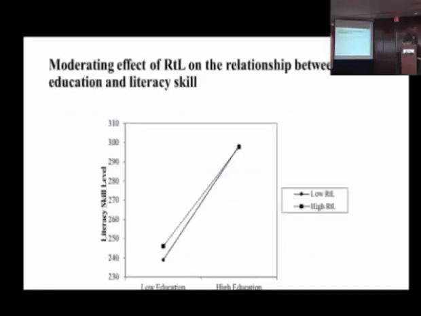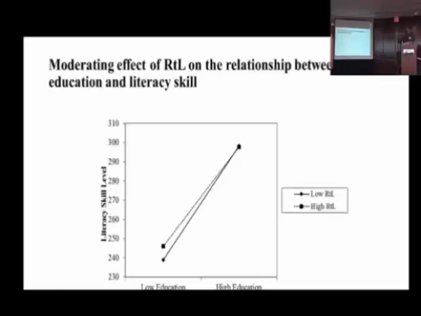And as an example of that, here we're looking at basically the effects of education on literacy skills, and obviously the low education workers had lower literacy skills, the higher education workers had higher literacy skills, but you can see it differed depending upon what level of readiness to learn they had.